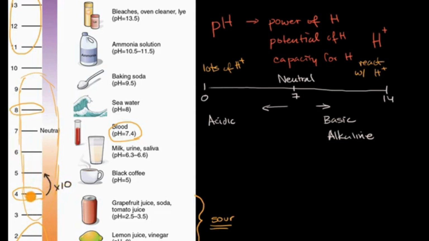And so comparing something with a pH of 4 to a pH of 8, the thing with the pH of 4 would be 10, 100, 1,000, 10,000 times more acidic. Or you could say the thing with the pH of 8 is 10, 100, 1,000, 10,000 times more basic.